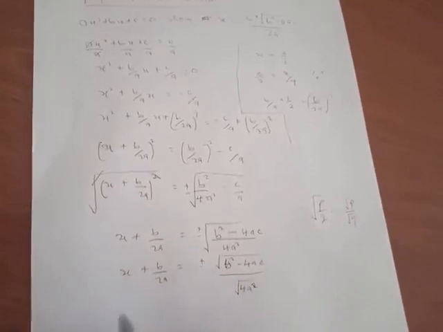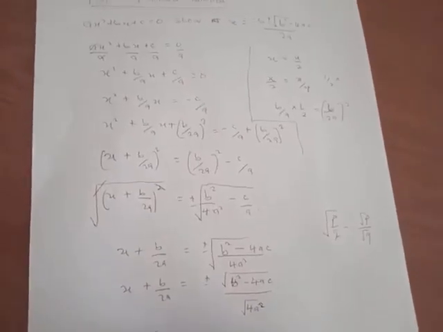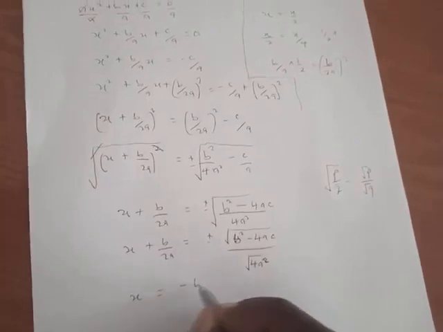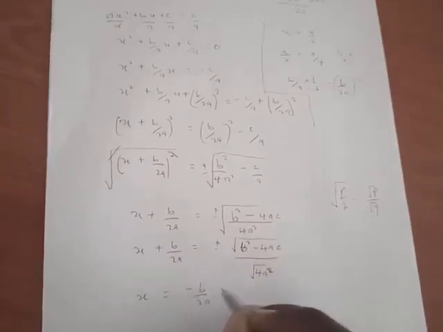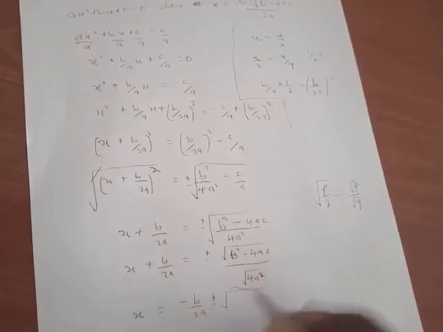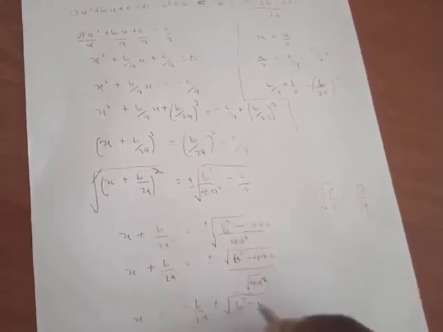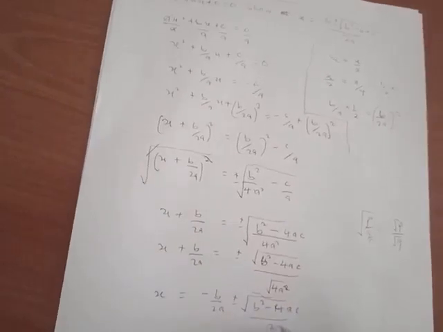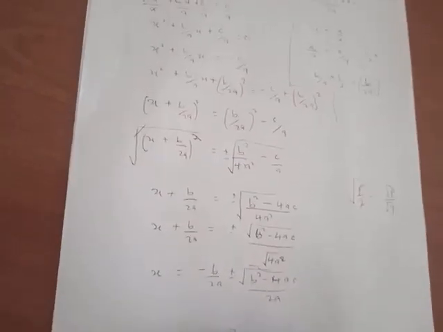How do we get it? So we have x is equal to, I can take this b over 2a to the other side, which is minus b over 2a, then plus or minus root of b squared minus 4ac over 2a. So the LCM here is 2a.